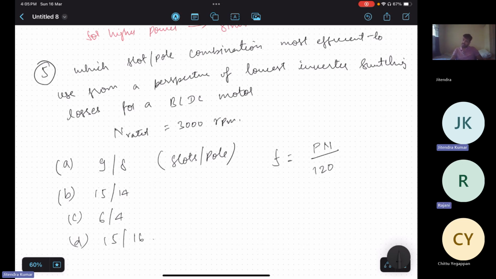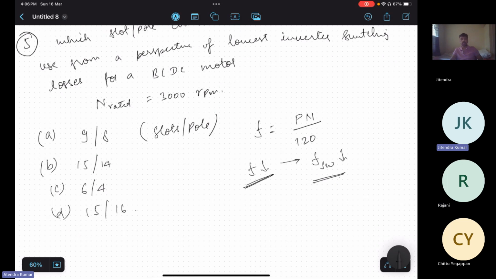But if this frequency is less, then the switching frequency will also be less, isn't it? Because switching frequency is generally some factor of our machine frequency. If your motor frequency is less, the switching frequency would be lower, and if the switching frequency is lower, your inverter switching losses will also be low.